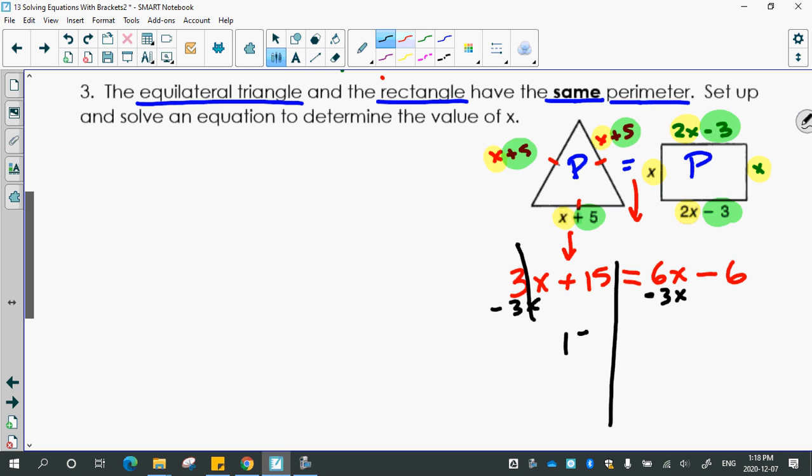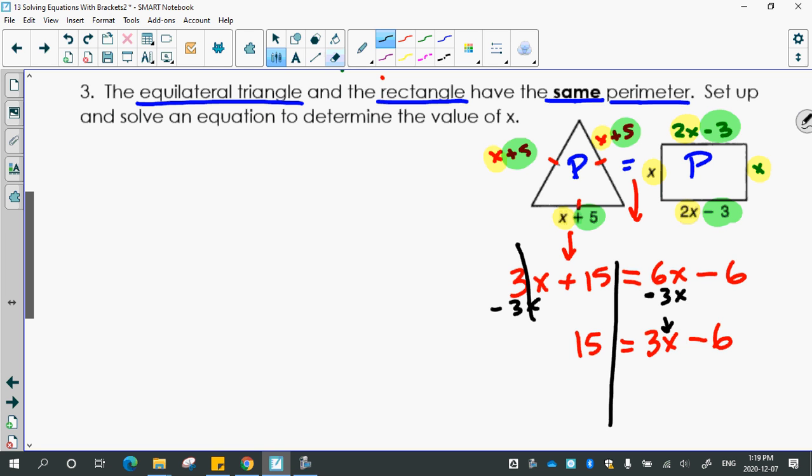So that means on this side there's going to be 15. And on this side, 6x minus 3x is 3x. I still have the minus 6. But now I've made the equation that I can use reverse BEDMAS to solve. Okay? So once you've got your x in just one spot, you ask yourself, is there any adding or subtracting to undo on the side that has x?